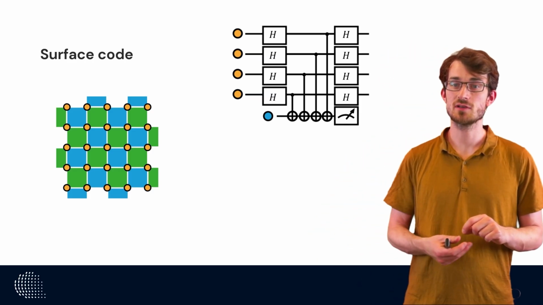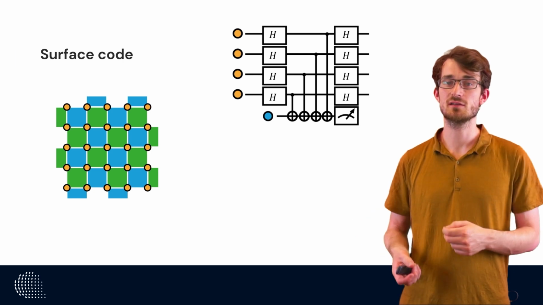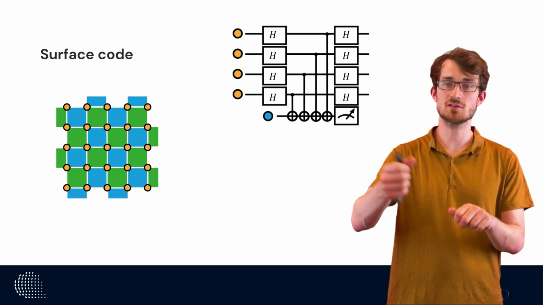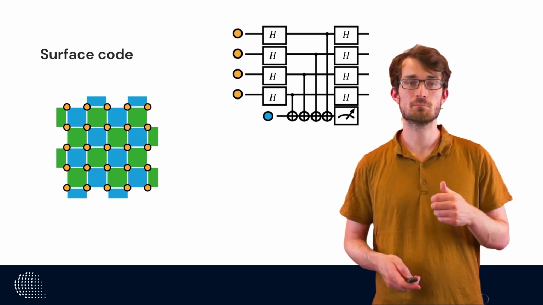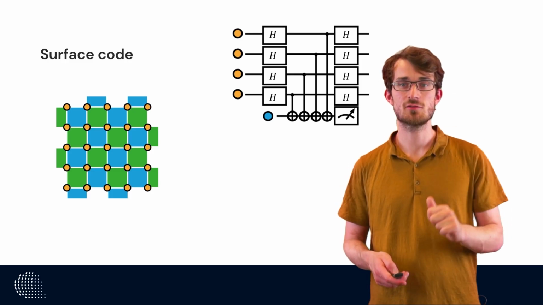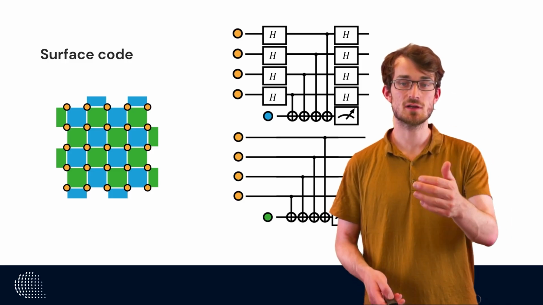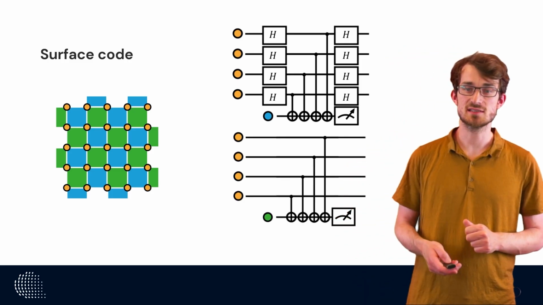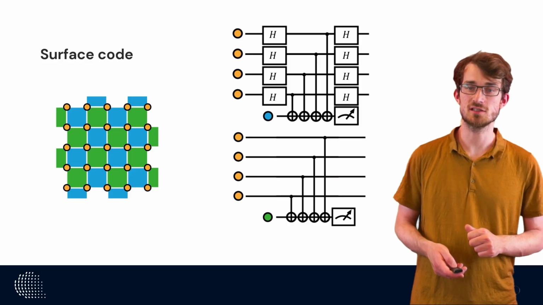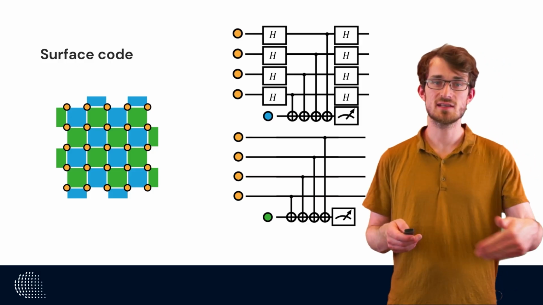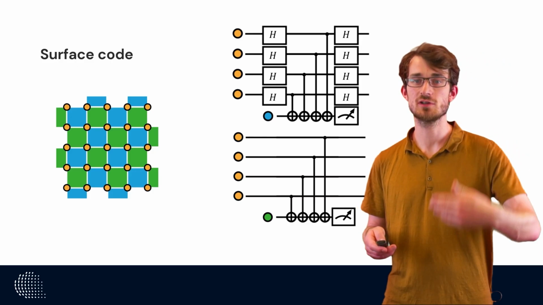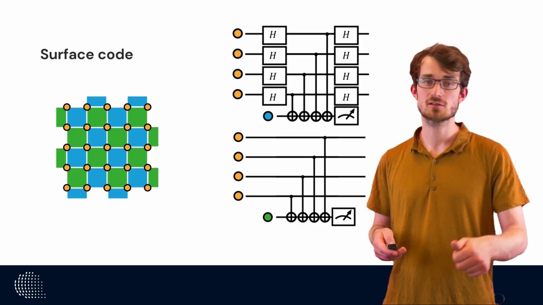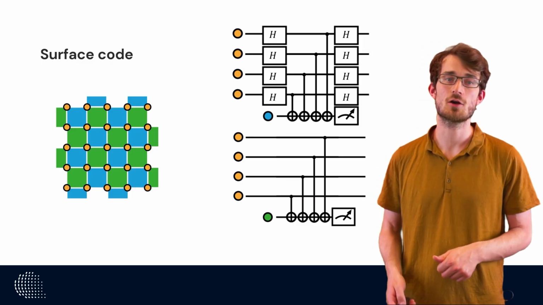The way we go through the circuit ends up being that the blue qubit flips to the 1 state if there was an error on any of these 4 data qubits. Similarly, we can do that for the Z-type errors, as you see in this circuit. This is how we essentially run the surface code. We keep running these 2 checks all the time to check whether an error occurred.